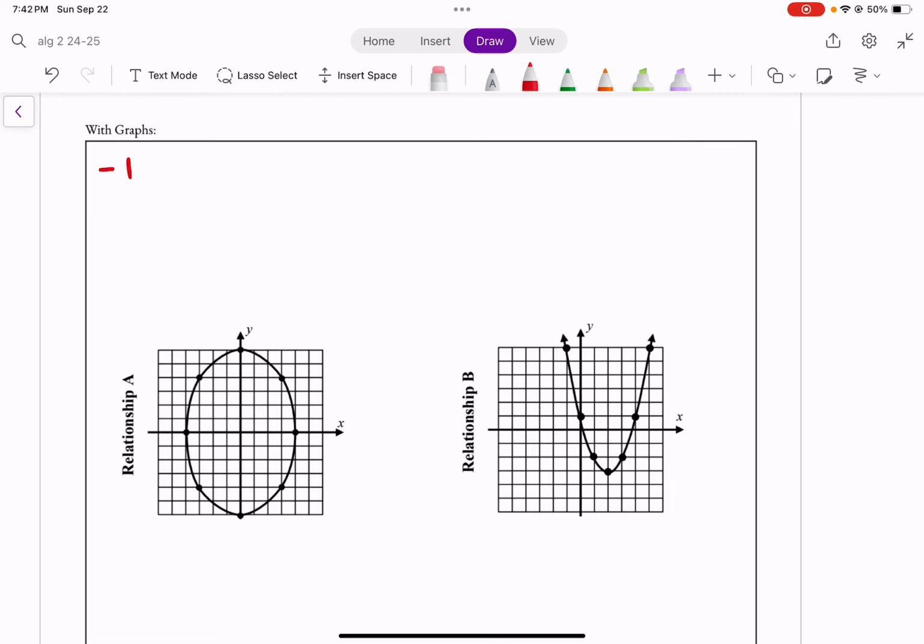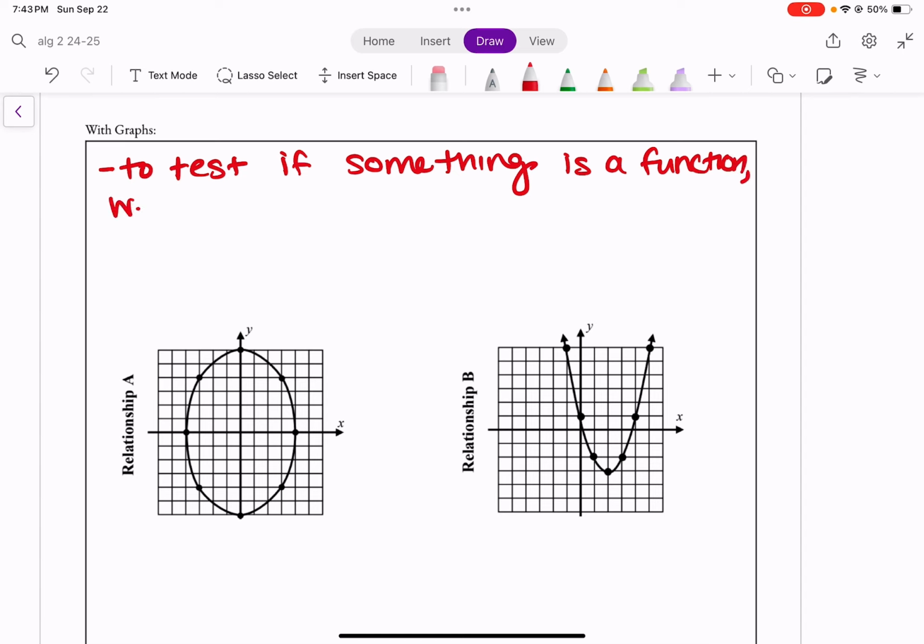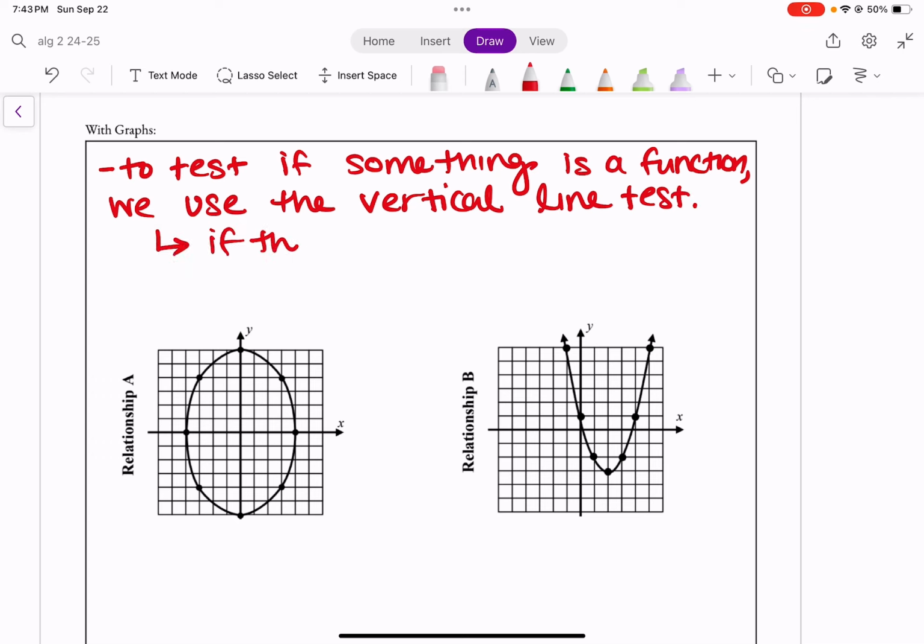The last way that we look at inputs and outputs is with graphs, right? So to test if something is a function, we use the vertical line test. If the line cuts once, it's a function.